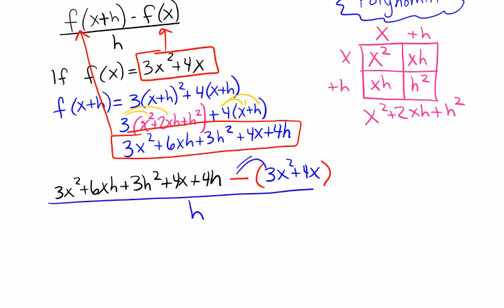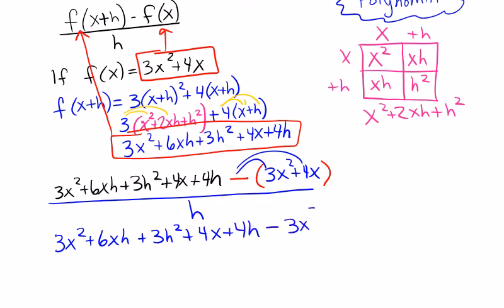At this point, we can distribute out the negative, so that gets us 3x squared plus 6xh plus 3h squared plus 4x plus 4h minus 3x squared minus 4x. Make sure you distribute that negative to both of the pieces, so minus 4x, all over h.